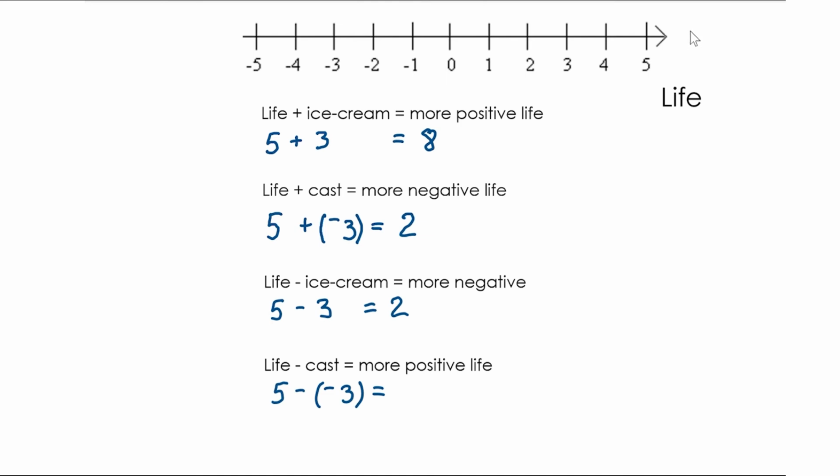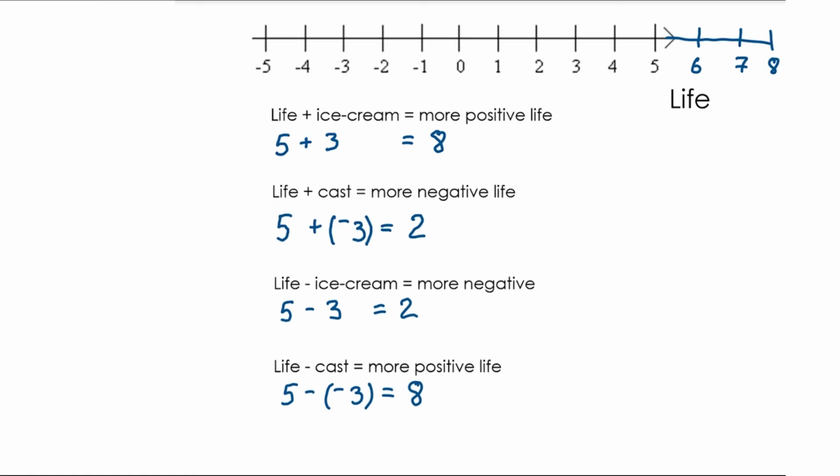Actually, let me draw them here for you. 6, 7, 8. And that should be enough for us. So we started with 5 and then we upgraded our life by 3 points by removing a negative thing. So 1, 2, and 3 ends up at 8. So our life now is more positive with a value of 8.